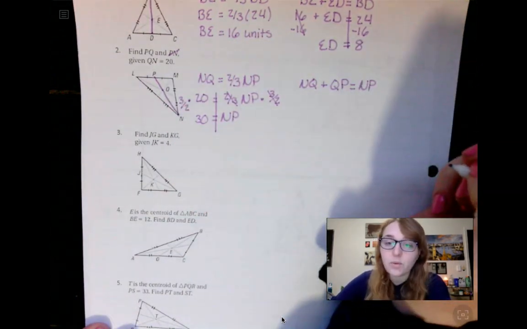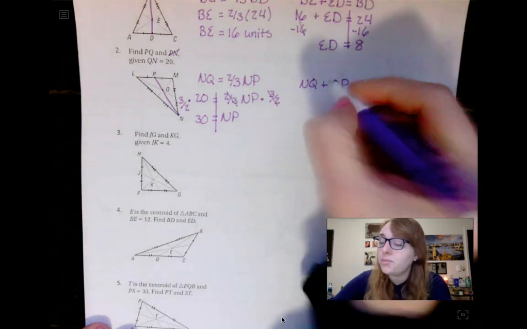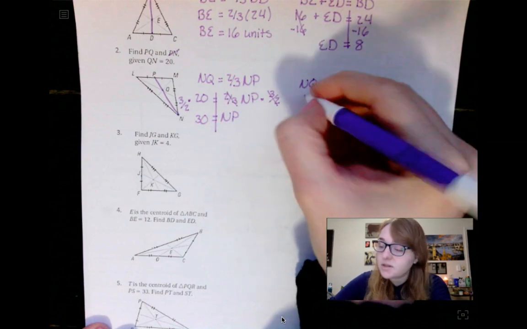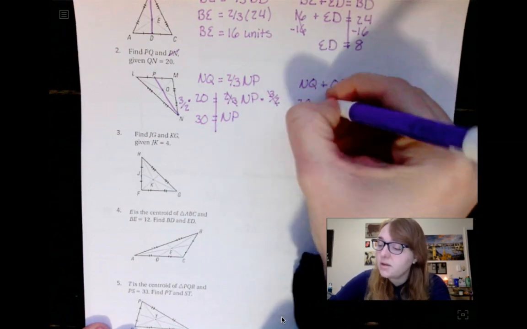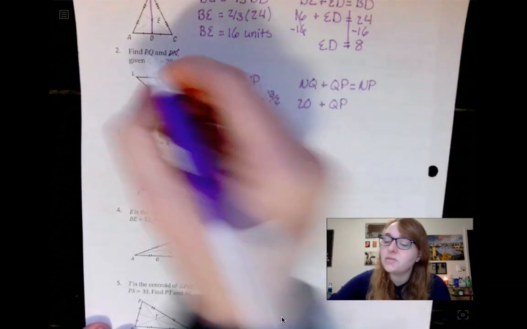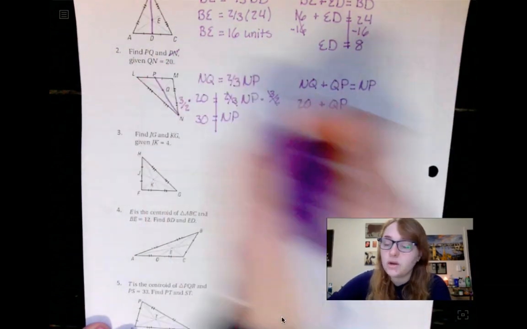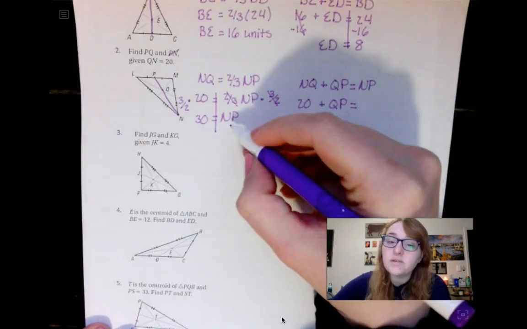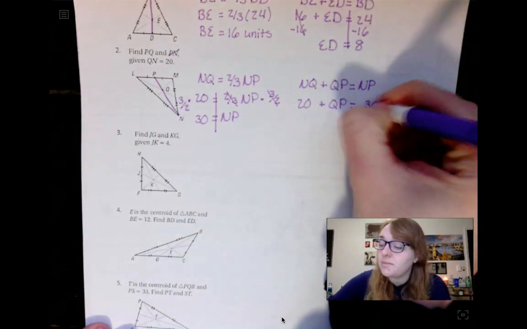And now we plug in what we know. The problem told us that QN or NQ, we're allowed to flip those letters, was 20, plus whatever QP is, because we are still looking for PQ or QP, we're allowed to switch the letters. And then we just solved NP to be 30.